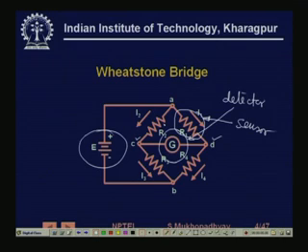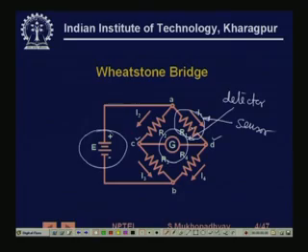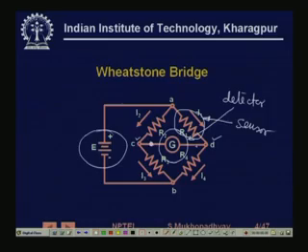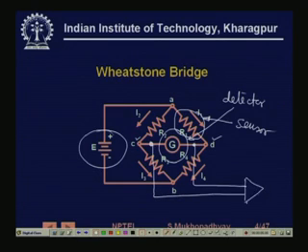As the temperature changes from that reference temperature, this resistance is going to vary. So the resistance ratio will no longer remain equal, and therefore some voltage will appear between the C and D points, which we will typically feed to some amplifier and some downstream signal processing circuit. So we essentially study how we process this unbalanced voltage of the bridge.